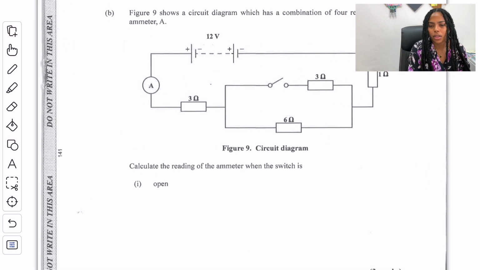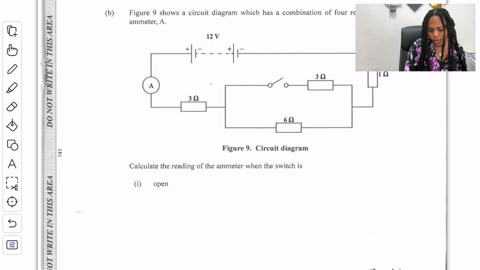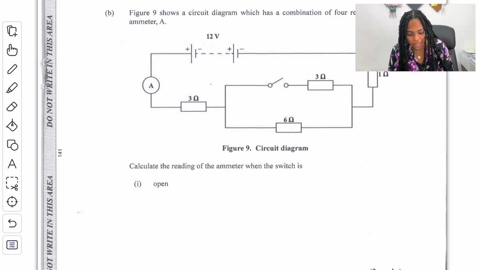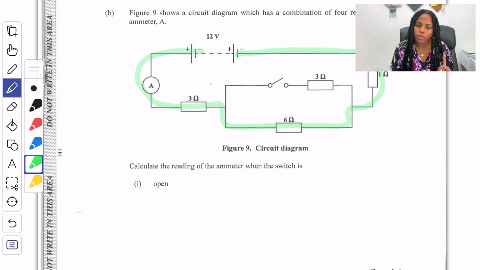Now, figure 9 shows a circuit which has a combination of 4 resistors and an ammeter. Calculate the reading of the ammeter when the switch is open. So when the switch is open, then current is flowing through here only, because we know it can't flow while it's open. So technically all of these resistors are in series when it's flowing this way.